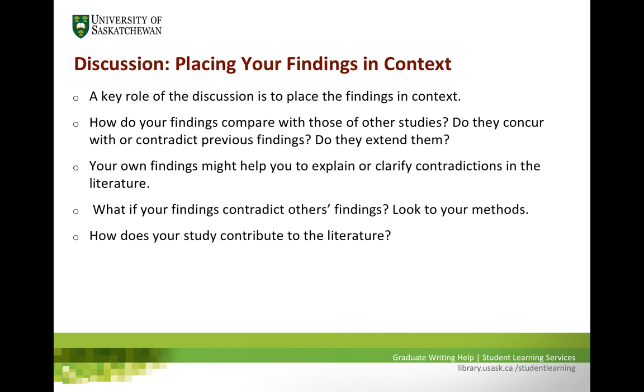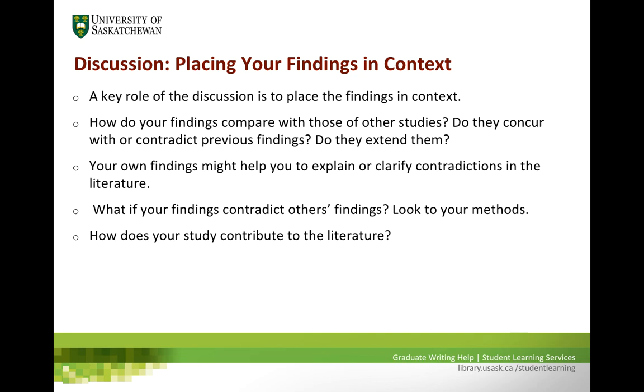And as I've already said, a really central role of the discussion is to place your findings in the context of the literature, and to explain how your findings compare with those of other studies. Do they concur with, or do they contradict previous findings? Do they extend them? Your own findings might actually help you to explain or clarify contradictions in the literature.